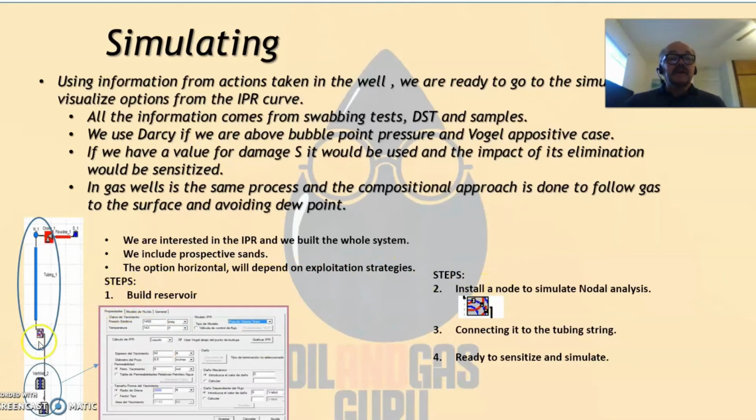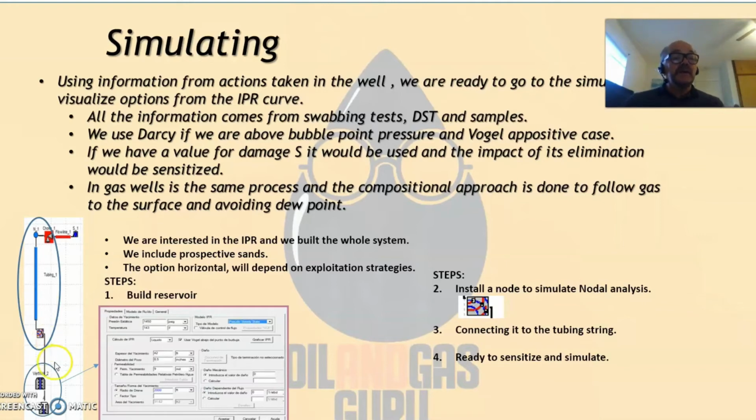We install a nodal analysis node right here because we want to see how much the reservoir is putting in the well. We put the transportation curve or the transportation system, which includes the tubing string. We can put a lifting system, but we're not going to use it right now.